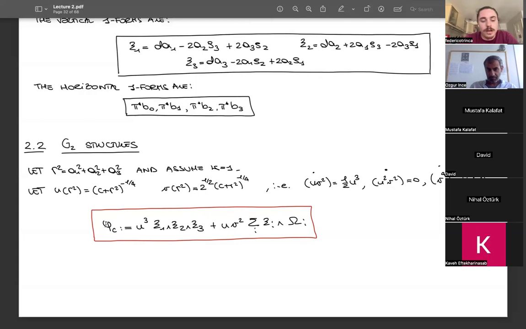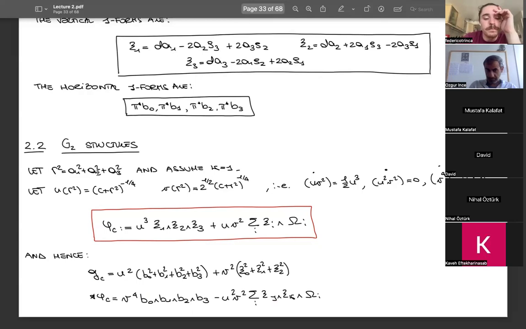So the three-form is going to be U cubed times the volume of the vertical space plus UV squared, this mixed term here. And similarly, as above, we get an induced metric, and the Hodge star of phi is with this form here.